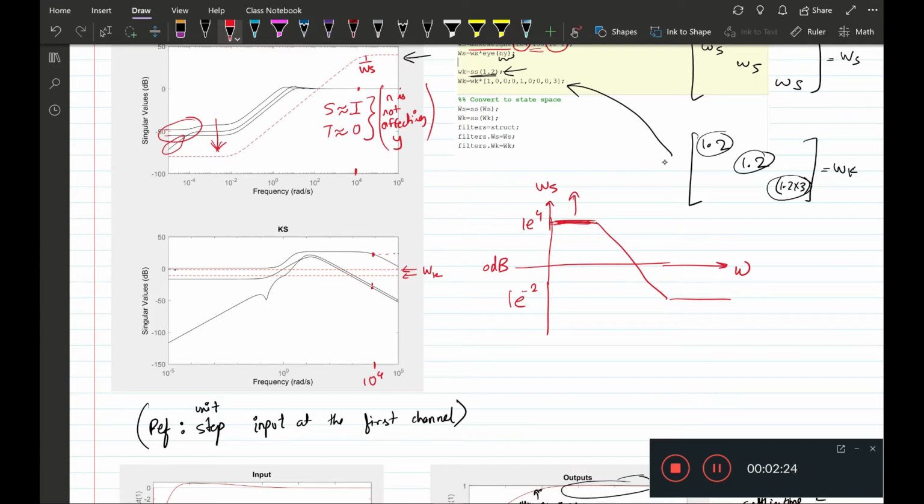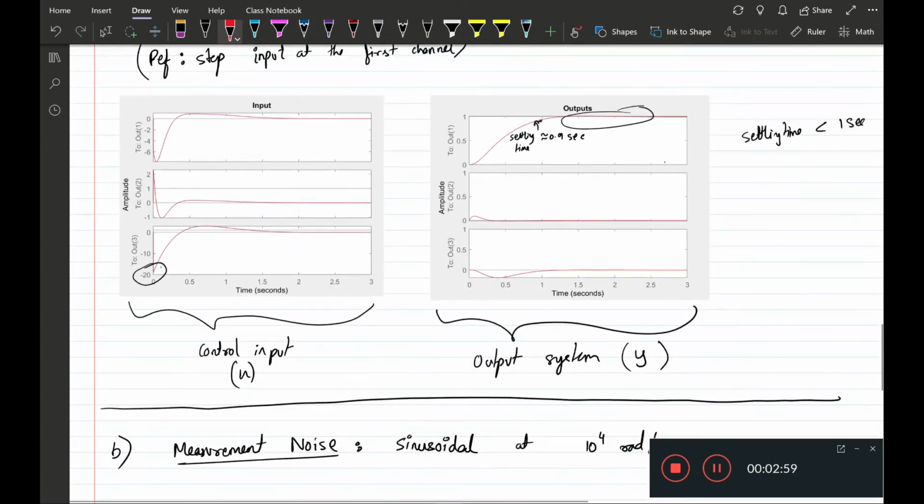If we inject a noise, we should see that U is amplified, especially if we inject the noise exactly along the eigenvector, or because this is square, now we can say eigenvector, but more specifically along the singular vector that excites this singular value, then we would have a high amplification in the control input. Let's see if we indeed observe that in the time domain plots.